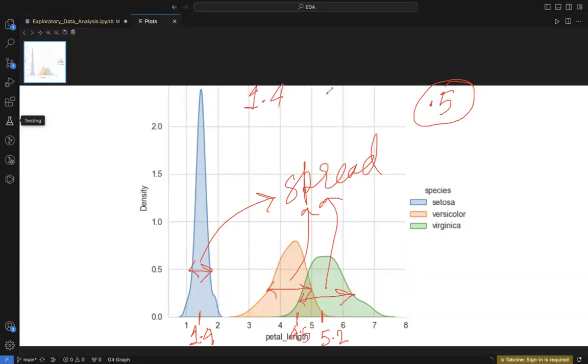If I add 0.5 to 1.4, and subtract 0.5 from 1.4, I will get 0.9 here, 1.4 in the center, and 1.9 here. So 0.9 will be somewhere here, and 1.9 will be somewhere here, and my central point is 1.4.